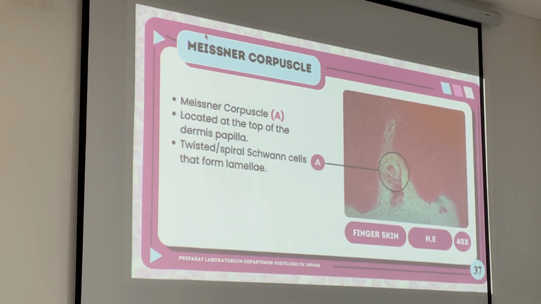Then there's the Ruffini corpuscle, which transfers heat. The heat will be transferred to electrical sensations and then to your brain. That's why you know it's hot.